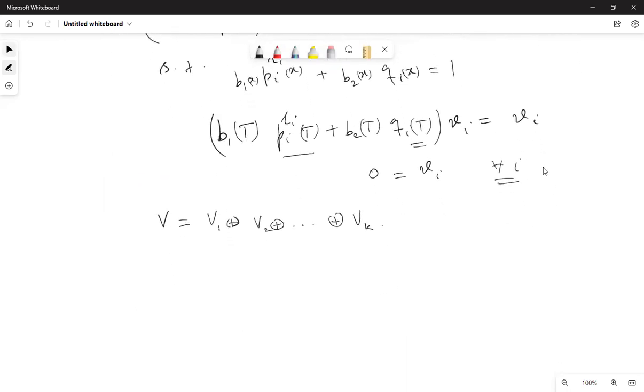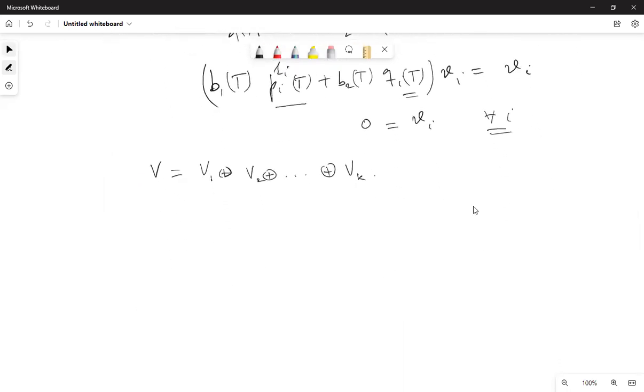Then what is left? We are left with the additional part, right? The additional part says that if Ti is the induced operator of T on Vi, then the minimal polynomial of Ti, m_Ti(x), is exactly Pi(x) raised to the power ri.